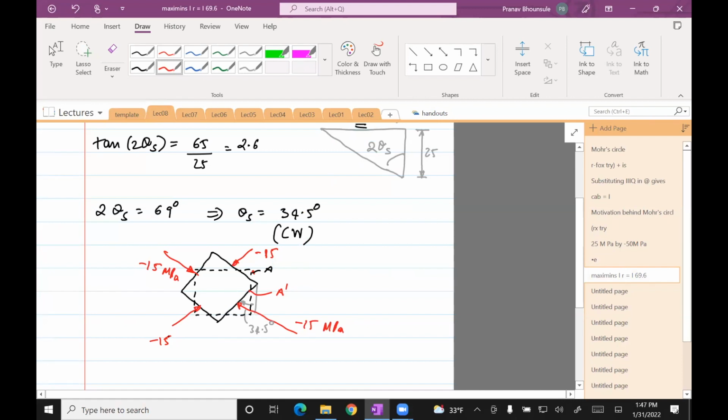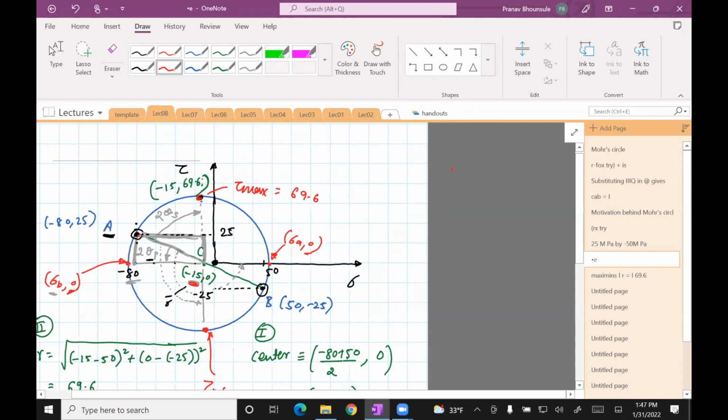We need to also draw the shear stress. As you can see, on this face the shear stress is 69.6 with a positive sign. And so now you need to work that convention backwards.